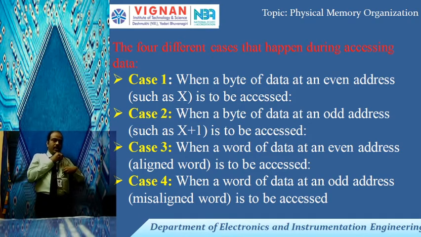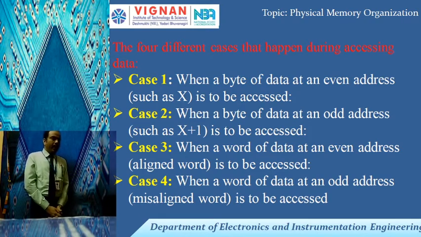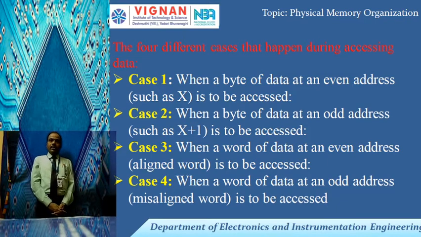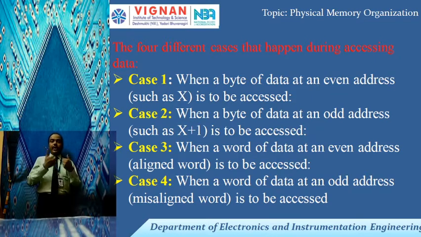So there are 4 different cases that happen during accessing of data. Case 1: we access a byte of data with an even address. Case 2: we access a byte of data with an odd address.